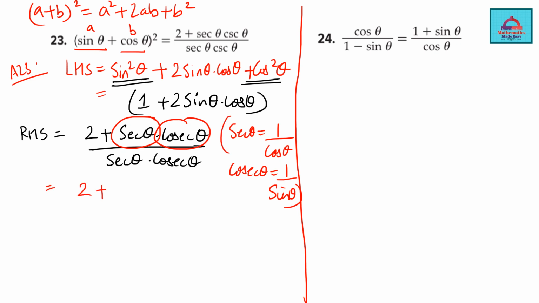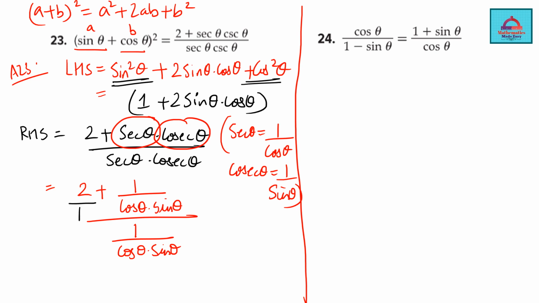So 2 plus 1 over, now I'm directly combining them and writing cos theta sine theta. Similarly here, 1 over cos theta sine theta. Again we are going to do the same thing, take LCM and do keep change flip. So nothing is there means 2.